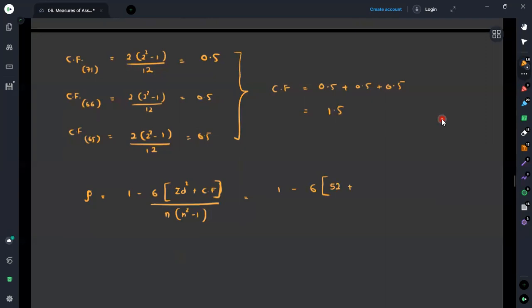Then the entire correction factor, obtained as the summation of these three correction factors, is 1.5, divided by the value of n. 10 pairs were used. Then 10 squared minus 1. Then we can do the calculation for this.